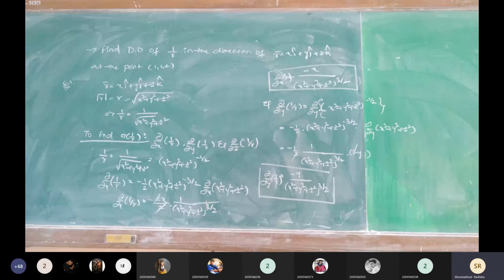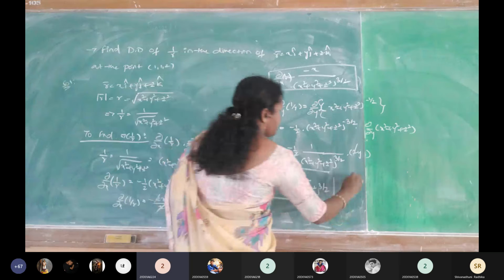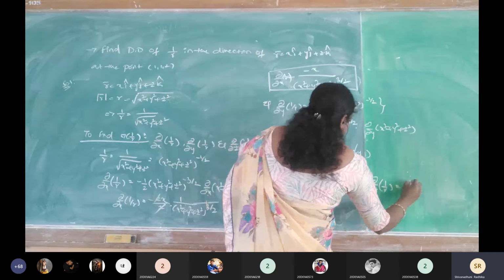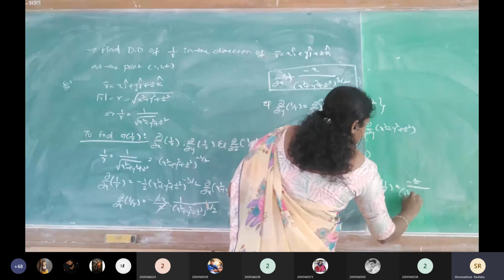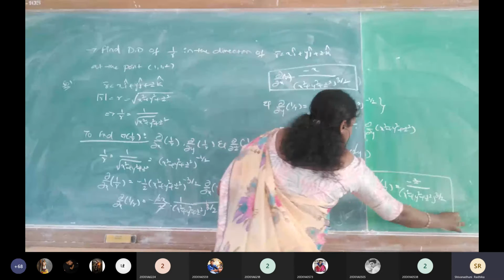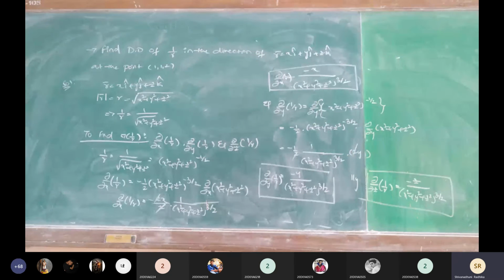Minus z by x square plus y square plus z square whole power 3 by 2. Similarly, del by del z of 1 by r equals minus z by x square plus y square plus z square to the power of 3 by 2. Substitute all these three partial derivatives in the gradient of 1 by r. It could be done in one step, but the derivatives are lengthy. So that's why we are finding them separately in this problem. Okay, write down all of you.